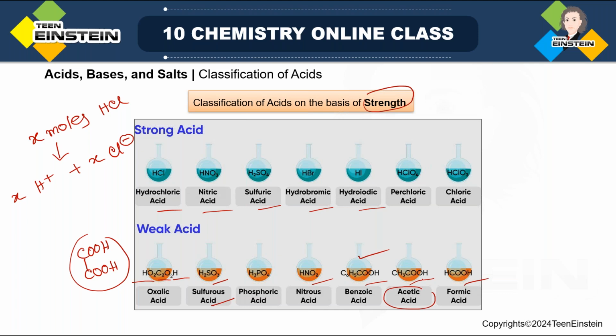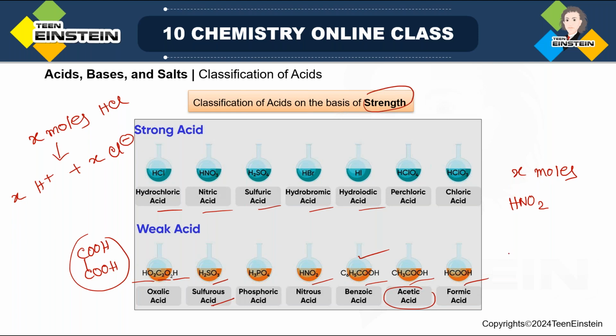So what is the difference between strong acid and weak acid? When it is a weak acid, suppose I am starting with X moles of any weak acid, say X moles of HNO2. Now out of this X, only a few percent will be dissociated. That percentage will vary depending on what type of acid you have taken.